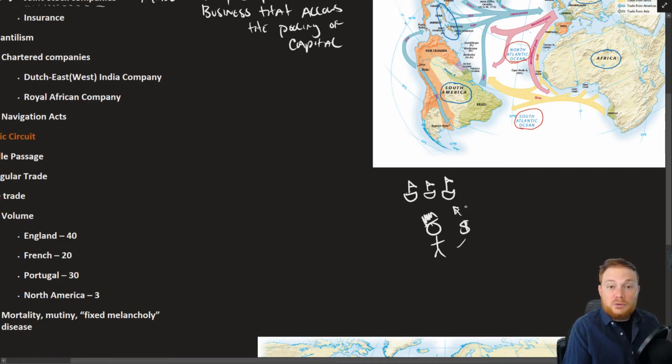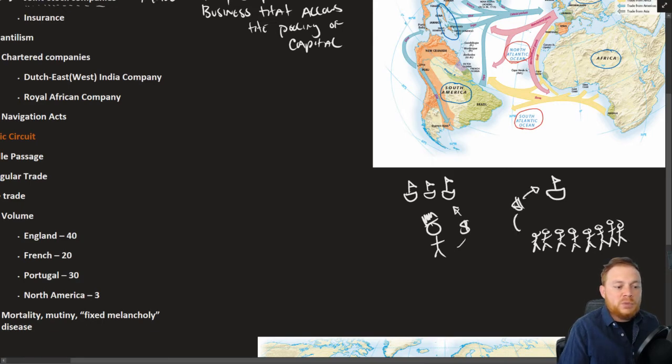This was very difficult to do because not everybody in Europe had enough money to finance these voyages or finance these economic ventures. And what joint stock companies did was, instead of relying on just one single person, you get a group of investors, right? You get many investors. You get a joint effort by lots of different people who then chip in a little bit of money into this venture.